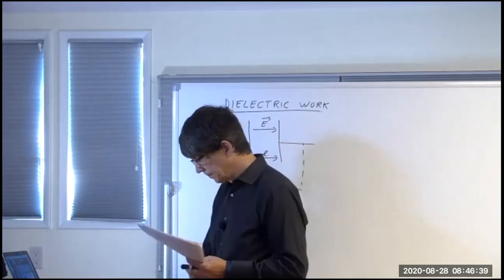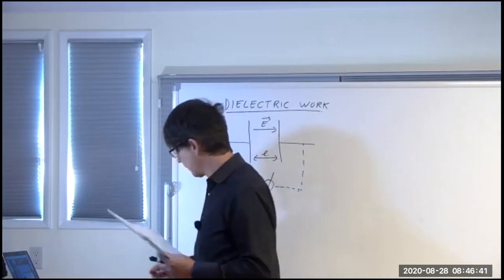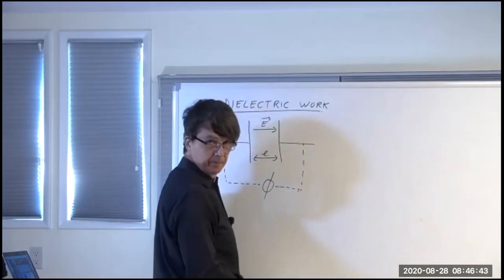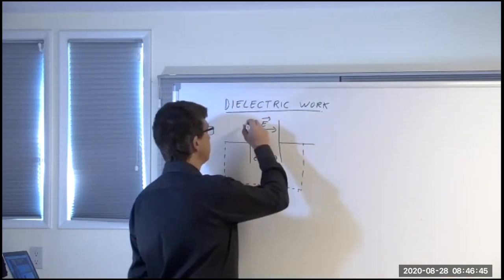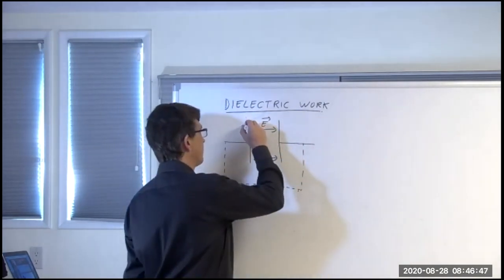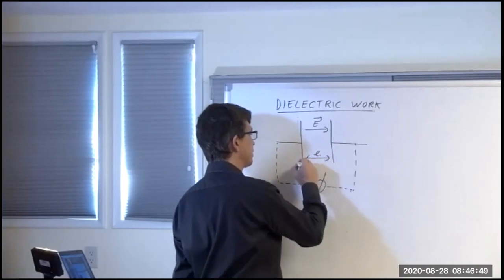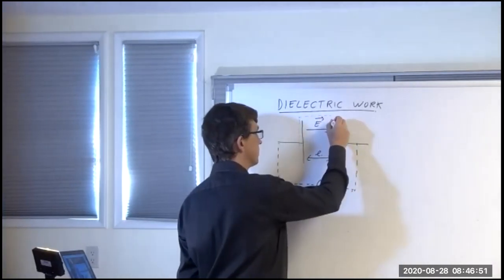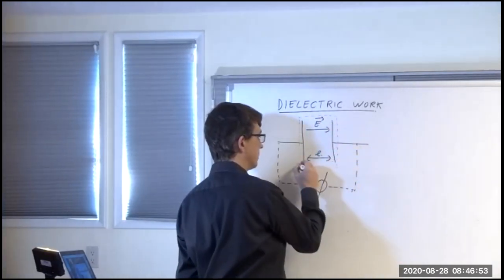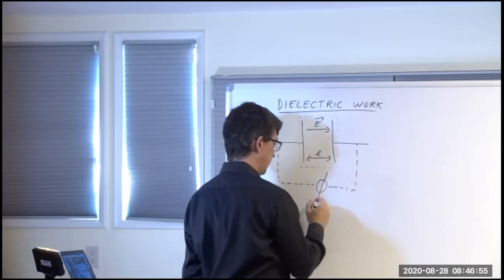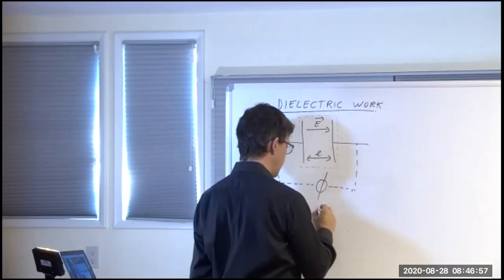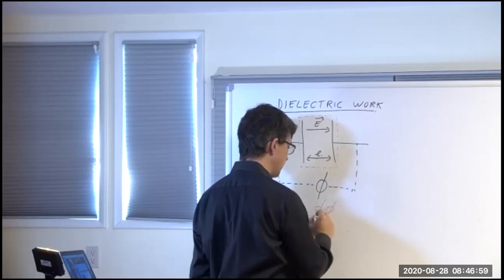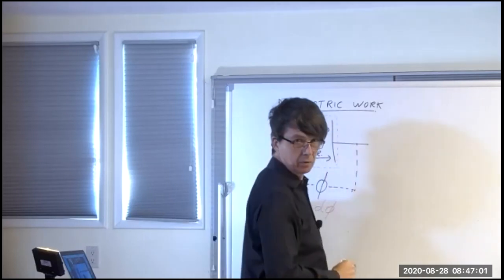So if I take as my system this outside boundary here in dashed red, and then I do a perturbation dq, d phi, change the potential, what's the electric work?